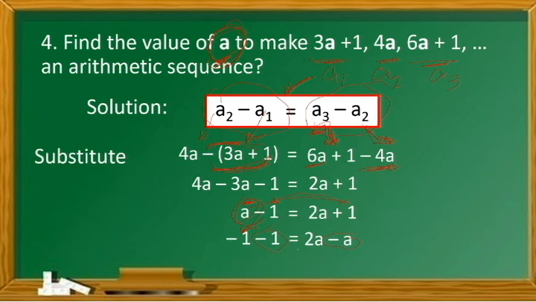So now, negative 1 minus 1 equals 2A minus A, which is negative 2 equals A, or A is equal to negative 2. Therefore, the value of A is equal to negative 2.